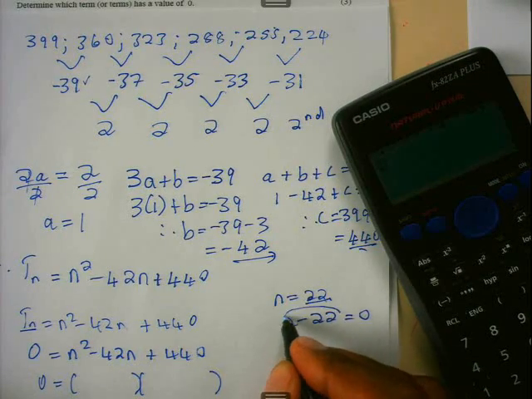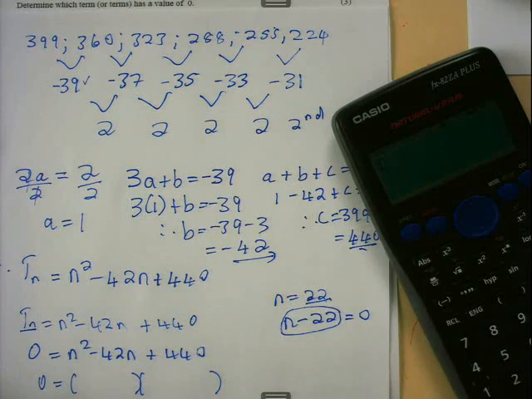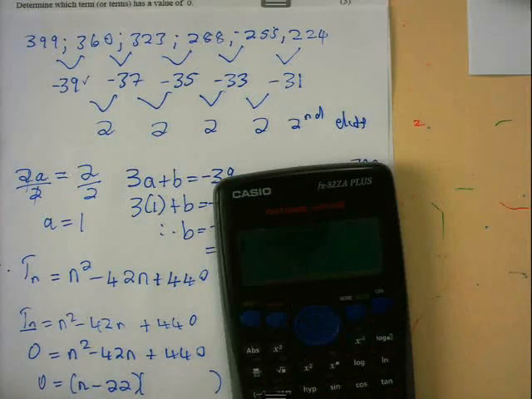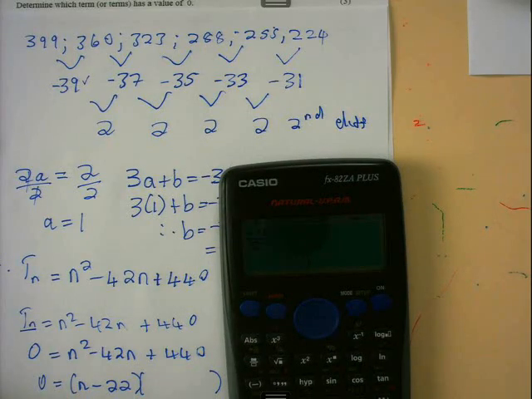Then immediately from this one, I can say my first factor there is n minus 22. Now I look for the second one. Of course, you must change the sign there. That is minus minus 42, then plus the square root of minus 42 all squared minus 4 multiplied by 1 multiplied by 440, then divide by 2 times 1.